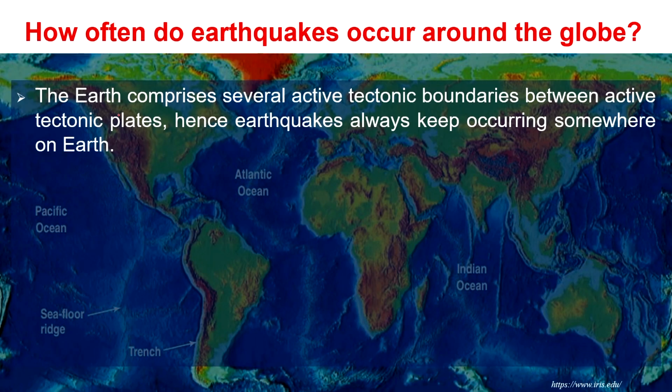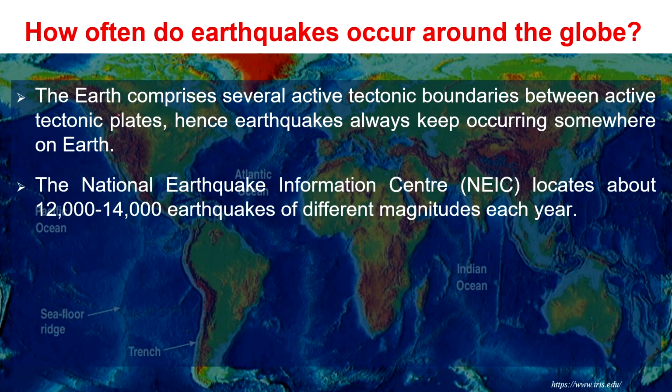Right now, while we are recording this lecture, an earthquake might have occurred somewhere in this world. Earth comprises several active tectonic boundaries, which is what we were talking about in the previous slide, between active tectonic plates. Hence, earthquakes always keep occurring somewhere on the earth.